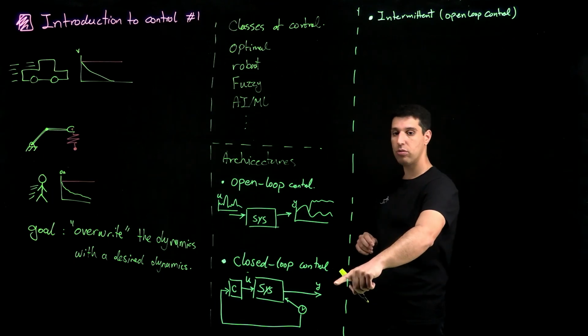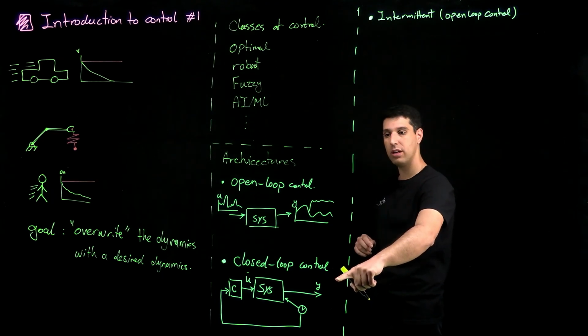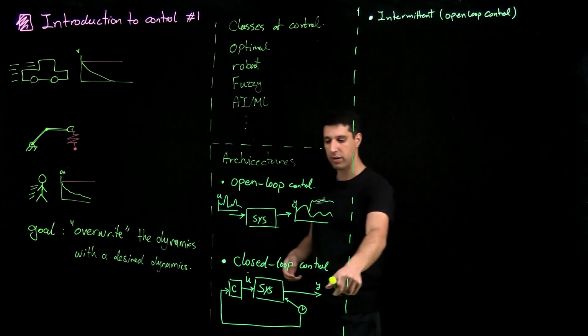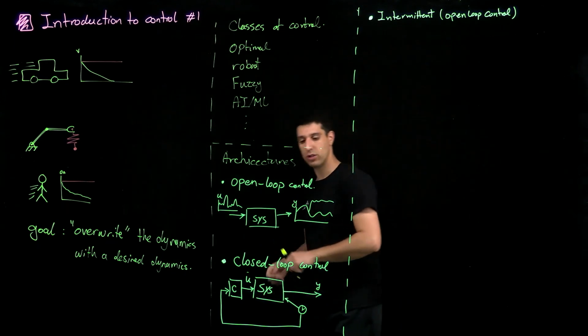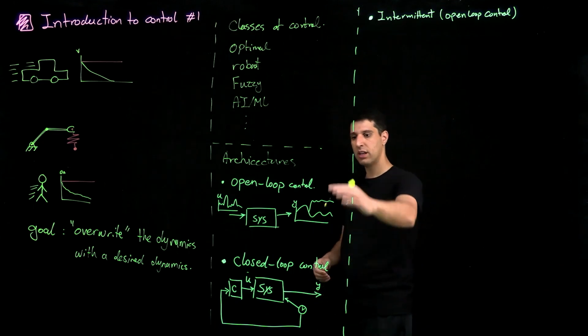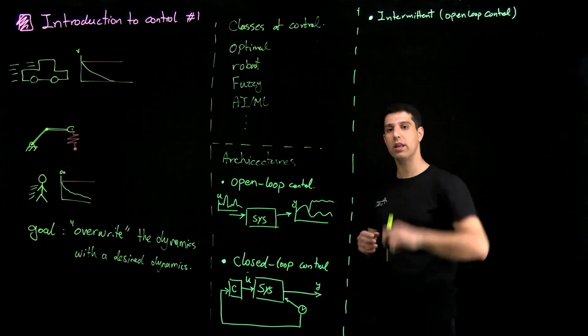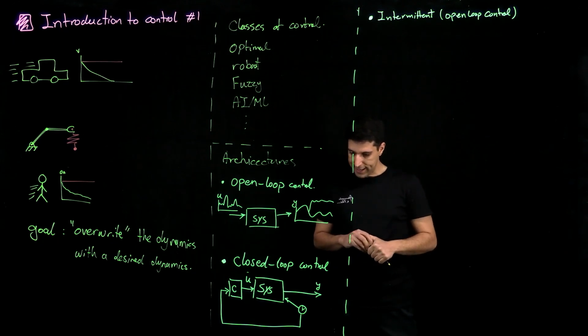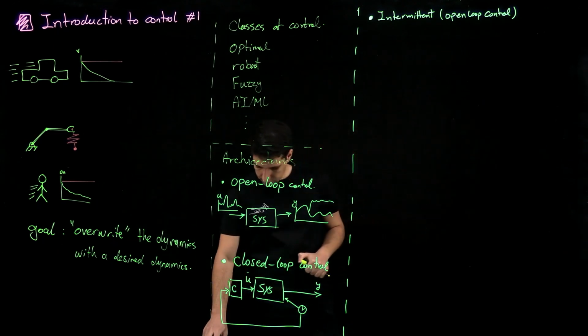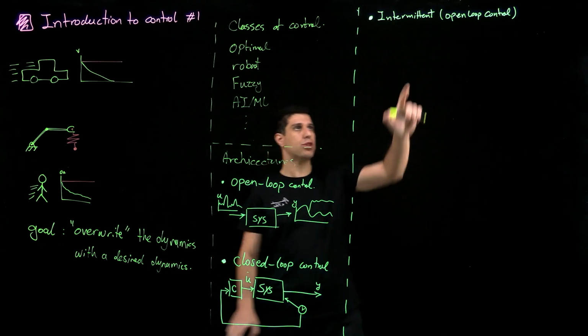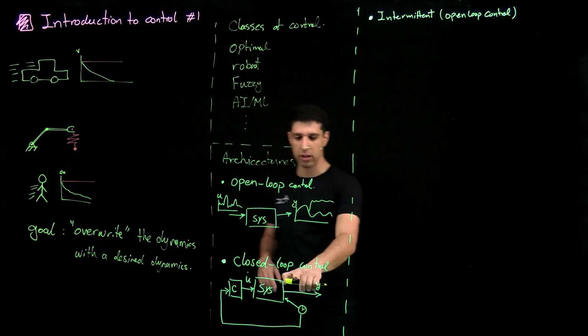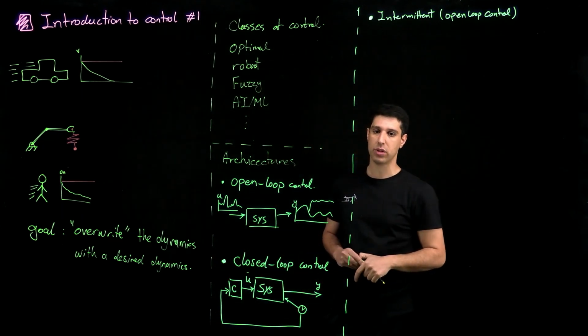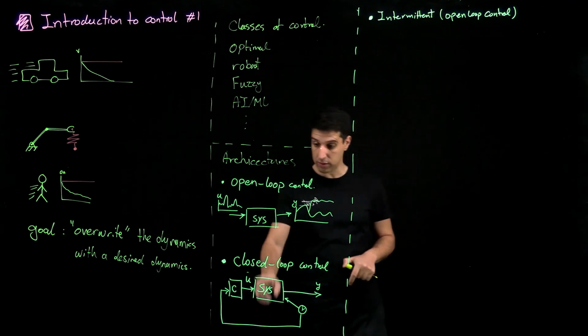Closed loop control, you can completely overwrite the dynamics of any system you want. So this is the most powerful one. The trade-off is these intermittent open loop controls, which can give you some level of control, but not the same quality as you would get in closed loop control.